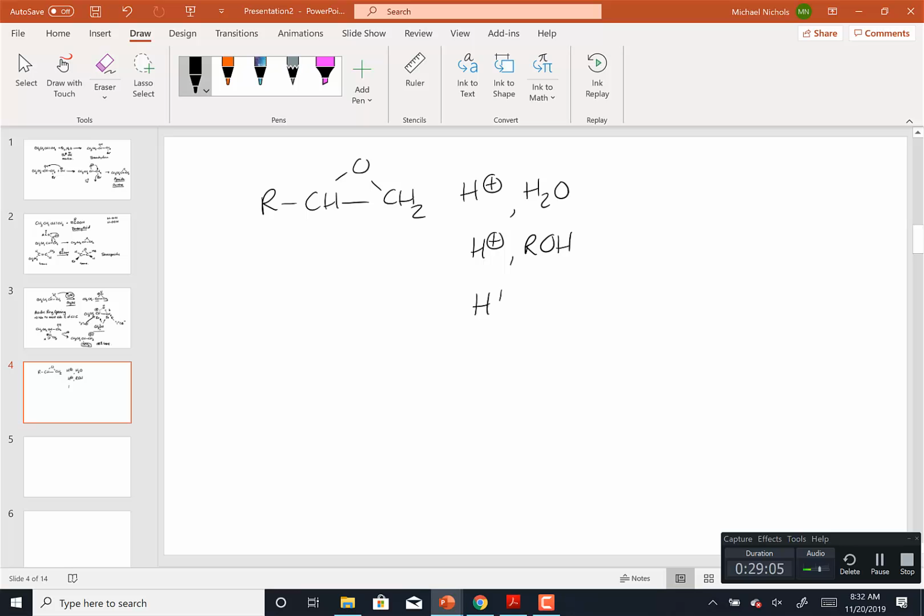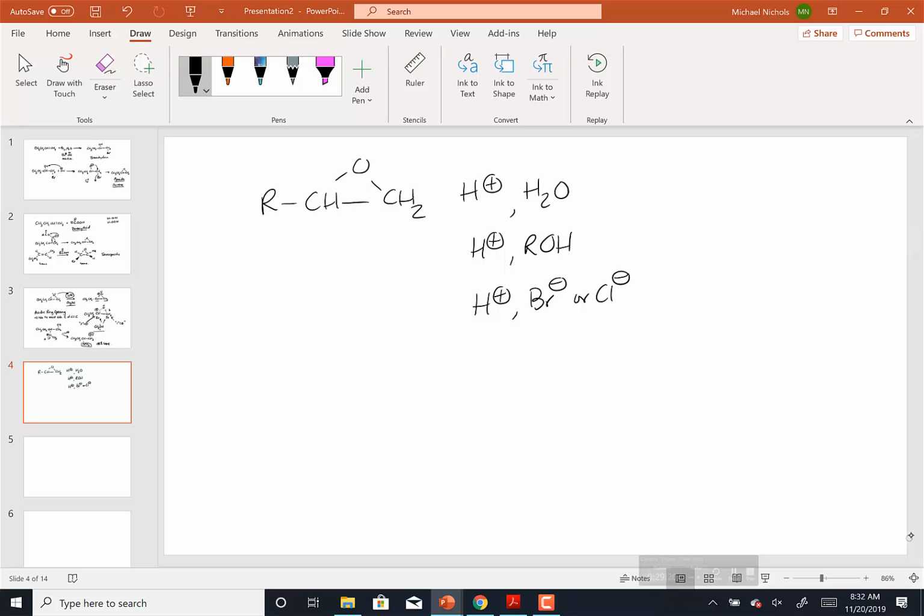I could react this with H plus and Br minus, or maybe Cl minus. So any of these ring openings are going to have the nucleophile adding to the most substituted carbon, but it's always going to be 100% trans.